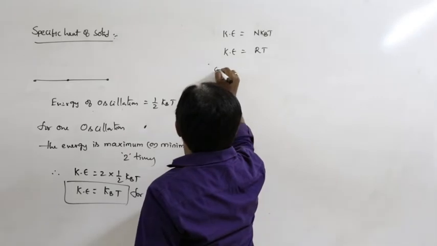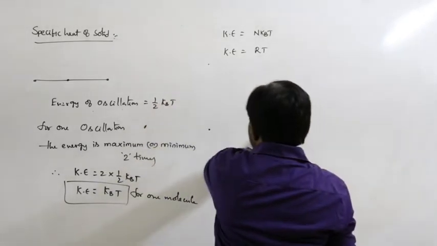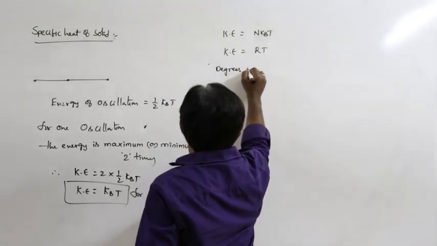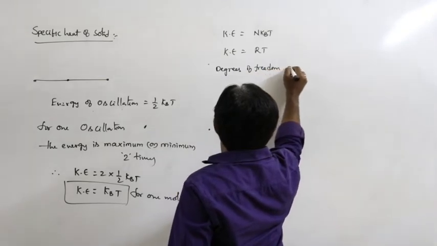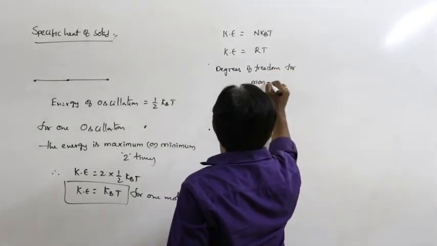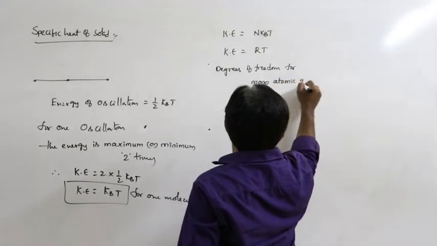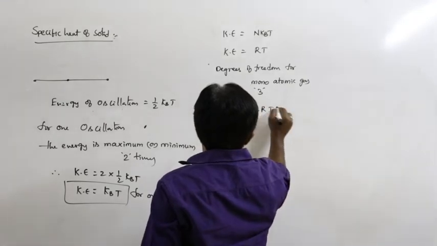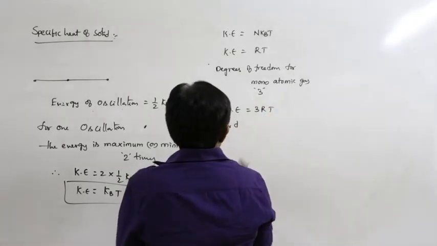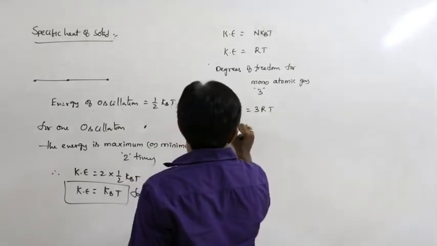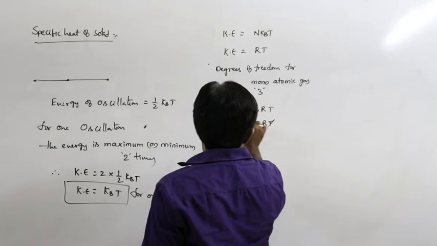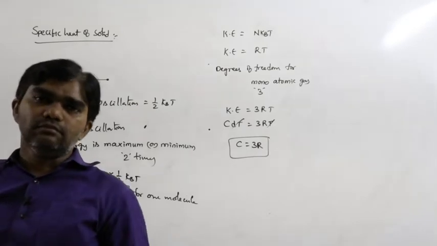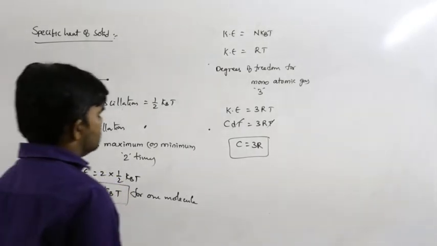Degrees of freedom for a monoatomic gas, that means for one molecule, is 3. Therefore KE can be written as 3RT. KE can be written as C dT, the specific heat we have to calculate. C dT is equal to 3RT. The unit of temperature cancels, so the specific heat is 3R.